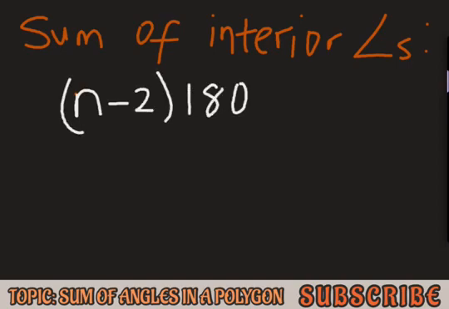Alright, now what if we want to look for just one of the angles? Now you must remember that all the sides of the polygons are straight if it's a regular polygon, and also the number of sides must be equal to the number of angles if it's a regular polygon.